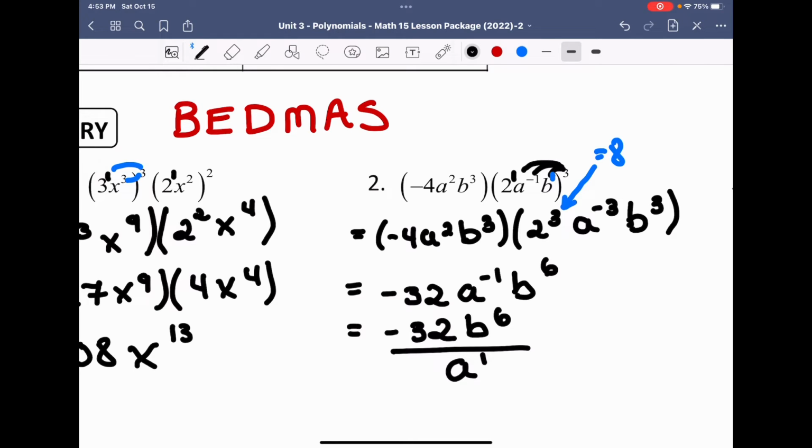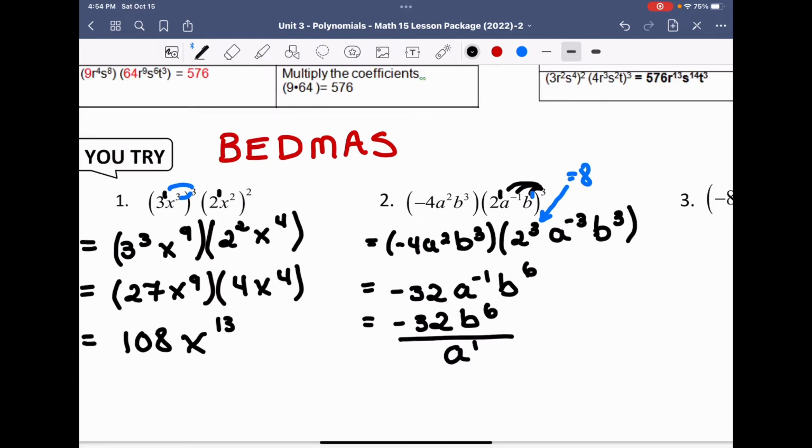We flip that negative exponent because we never want to leave things in terms of a negative exponent. We bring it to the denominator and make it positive, giving us this final answer here. So we're still following BEDMAS. We still want to follow our typical exponent rules from our last unit. Now we're just piecing it together in terms of polynomials, or multiple monomials coming together.